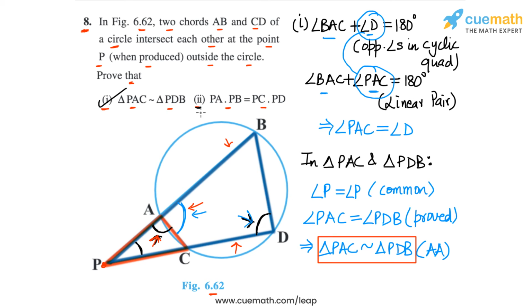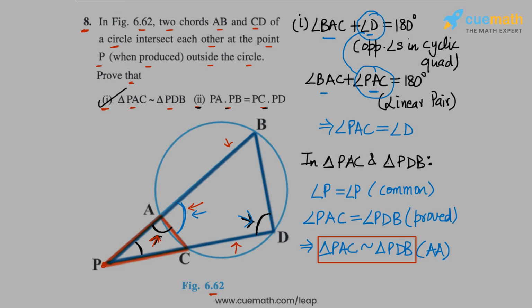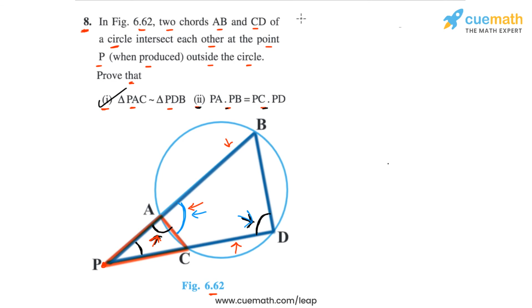Now let's come to part 2, in which we have to show that PA into PB is PC into PD. Alright, to prove part 2, we simply make use of the fact that in the two similar triangles PAC and PDB, the corresponding sides must be proportional. So what are the corresponding sides? If we take PA in triangle PAC, corresponding to PA we will have PD.